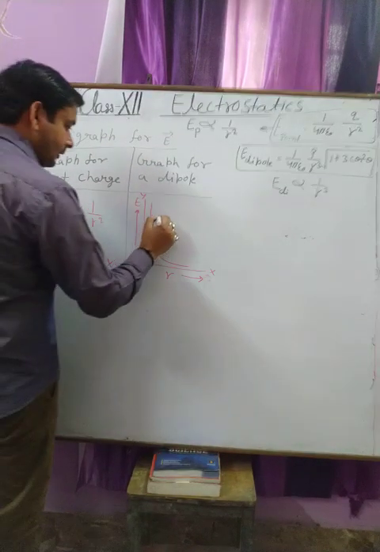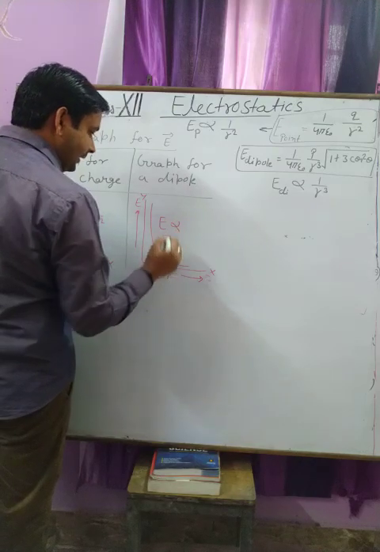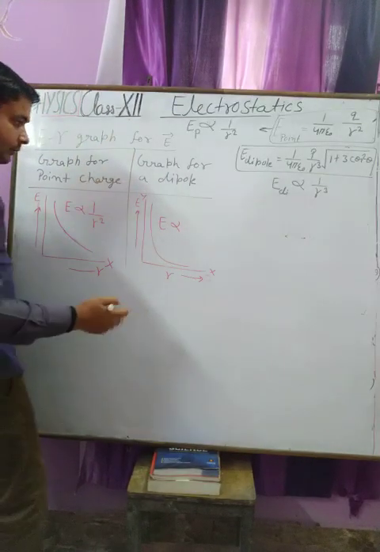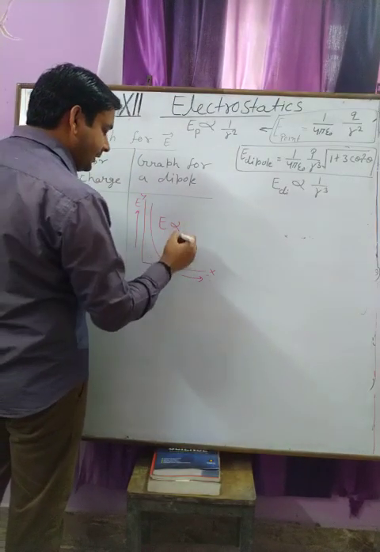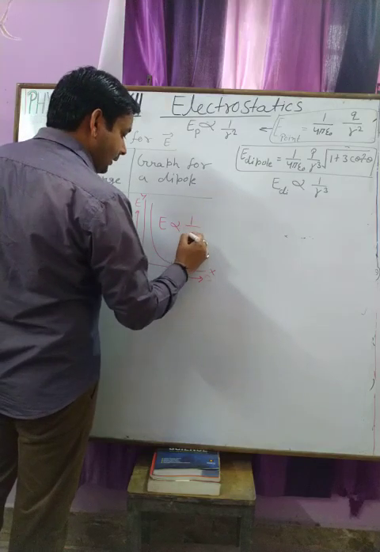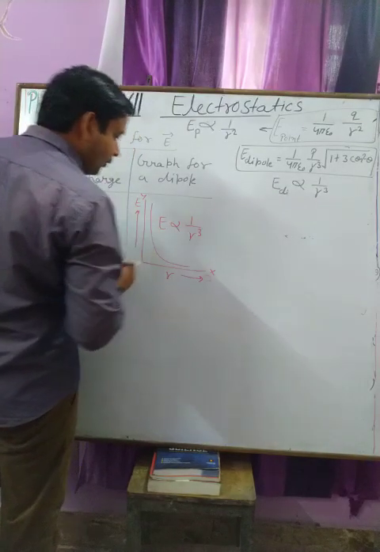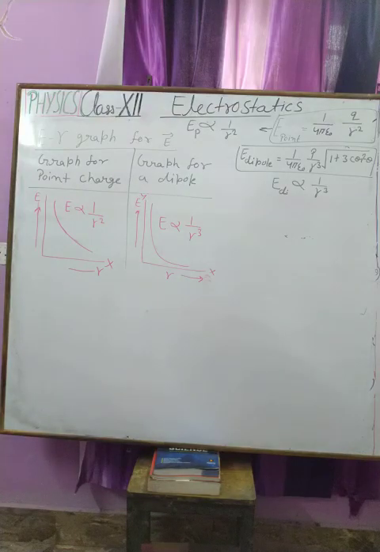This is the gradually decreased value of electric field due to dipole, and these are the rules of the two cases.